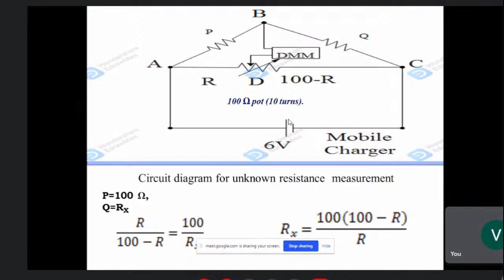Our aim was to replace the bulky meter bridges or potentiometers by this very little, about 5 centimeter diameter contraption.